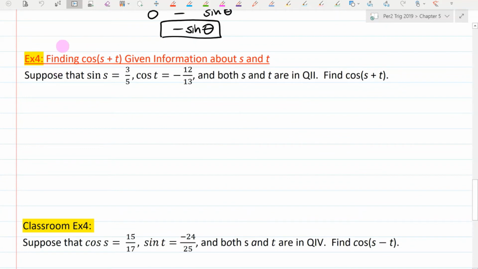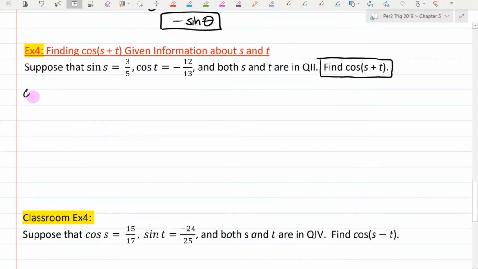All right. So for example 4, there's a little bit of work that needs to be done. The first thing is they want us to find this. So before I do any of the work, I'm going to write down cosine of s plus t, and then I want you to find or write the formula.